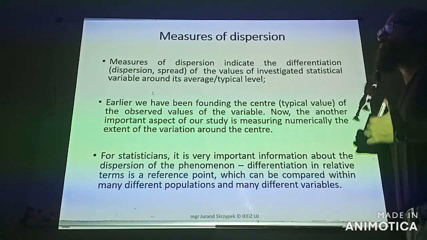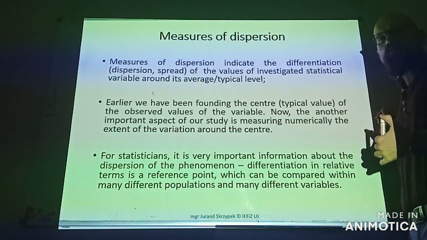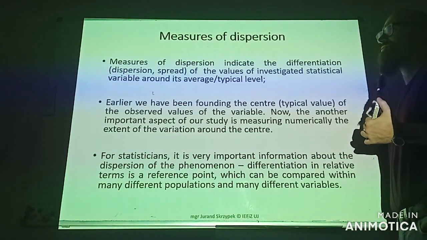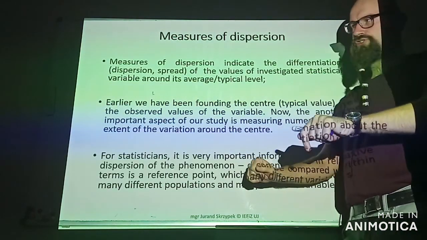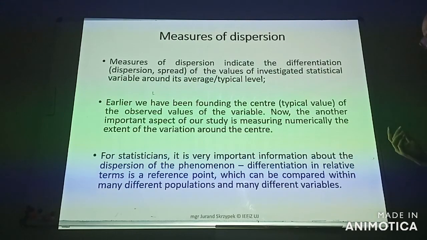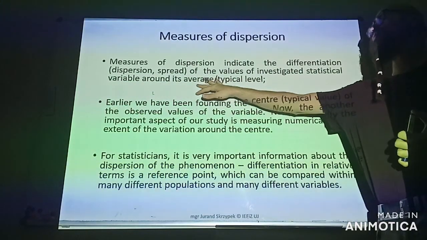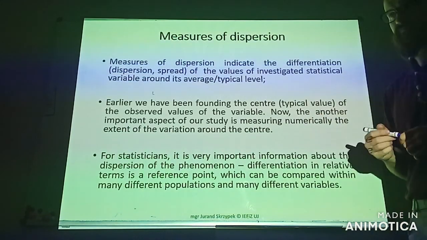Why are the measures of dispersion so important? Why do we count the measures of dispersion? At this stage, we know how to find, how to indicate the average typical level of considered phenomena.